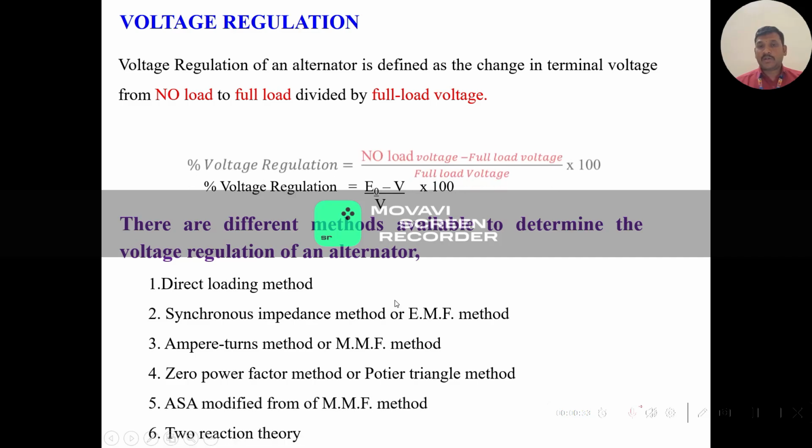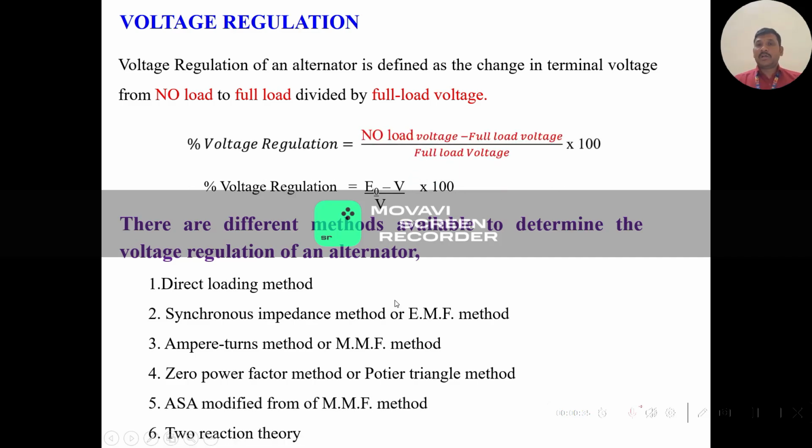Voltage regulation is equal to no load voltage minus full load voltage, divided by full load voltage. So this can be used to compute the voltage variations in the alternator from no load to full load.